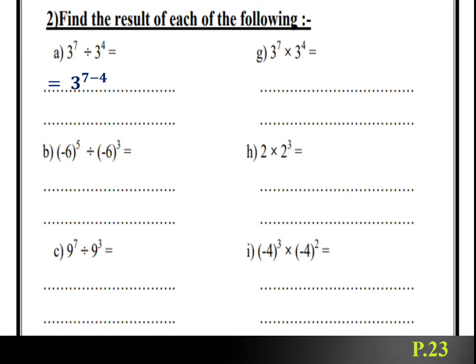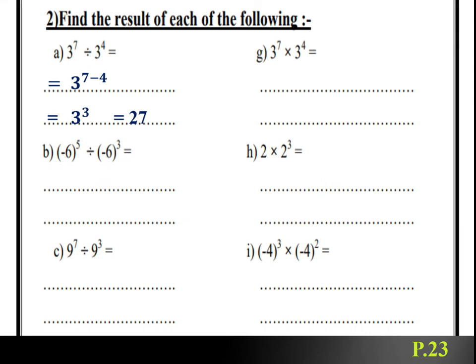Why minus? Because we have division sign between the two numbers. And 7 minus 4 equals 3. So 3 power 3 is equal to 27 on your calculator, because 3 power 3 means 3 times 3 times 3, not 3 times 3 only, okay?